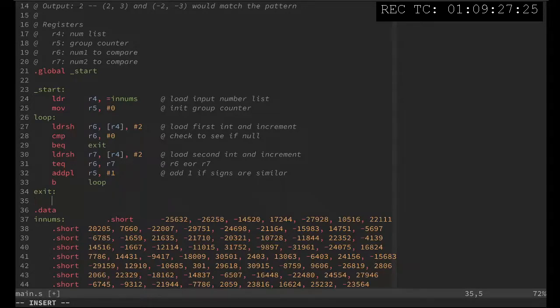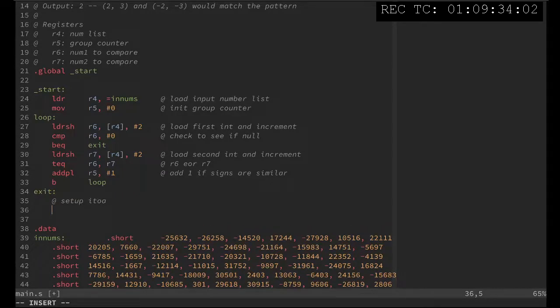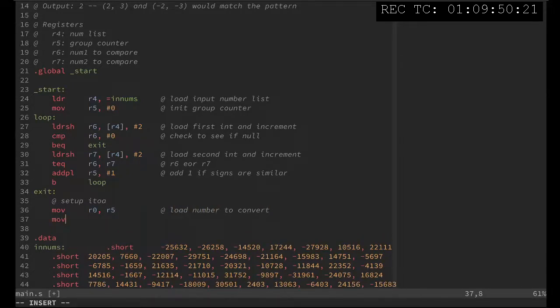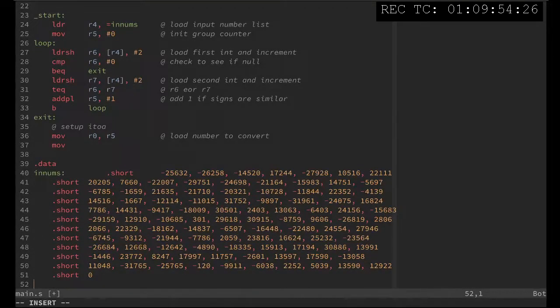So we're going to use our integer to ASCII module that we set up. Again, the first parameter that we need to put to it is the number that we want to convert. And in this instance, it's the number of groups, so R5. And then our address space, we need to create some address space down here.